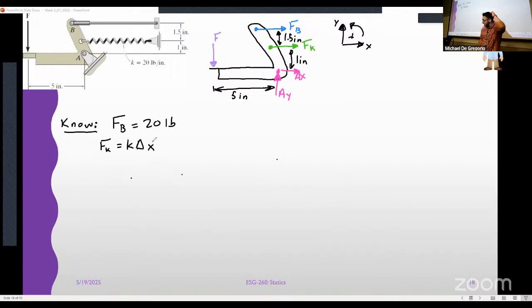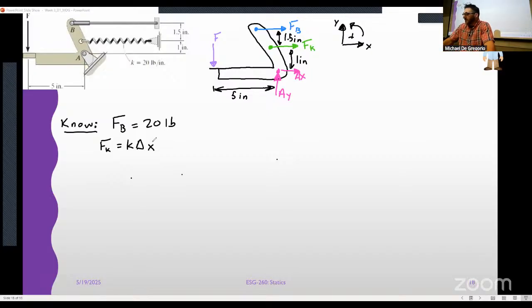For a spring, it's important to know what the change is from the free length, right? In this case, we were just told that it moves 1.5 inches. So we're going to assume that that is the total change from the free length because it wasn't specified.